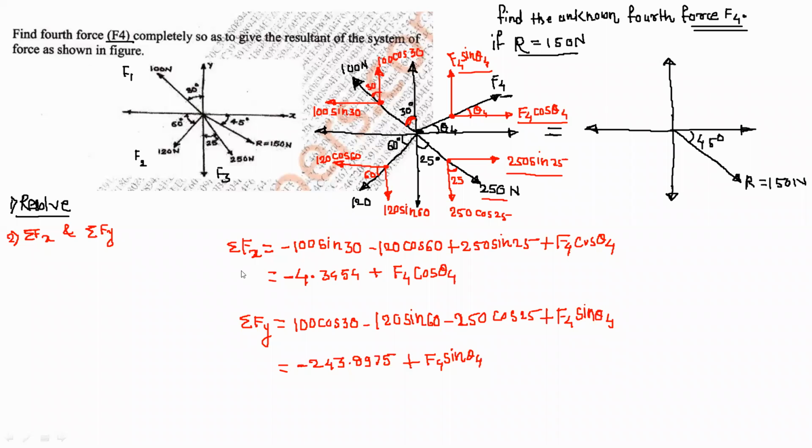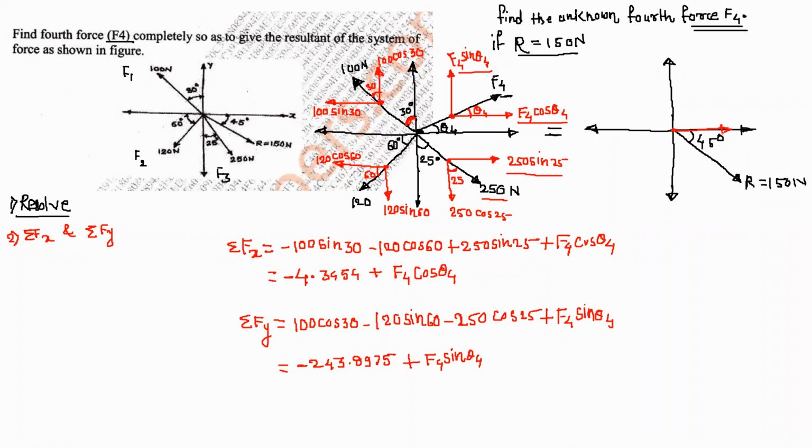Okay, so just check the answer. Summation Fx is minus 4.3454 plus F4 cos theta 4, and your summation Fy value is minus 243.8975 plus F4 sin theta 4. Now we have to equate these values, summation Fx and summation Fy, with the resultant values. So from the resultant, just resolve this resultant.